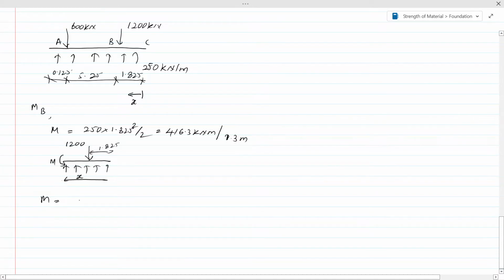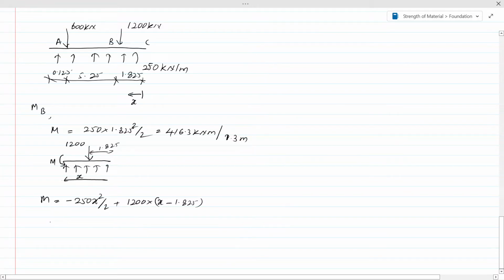M equals, the load will be in the opposite direction, M plus, then we go to the other side, 250 x squared by 2 plus 1200 is in the opposite direction, then into x minus 1.825 distance.